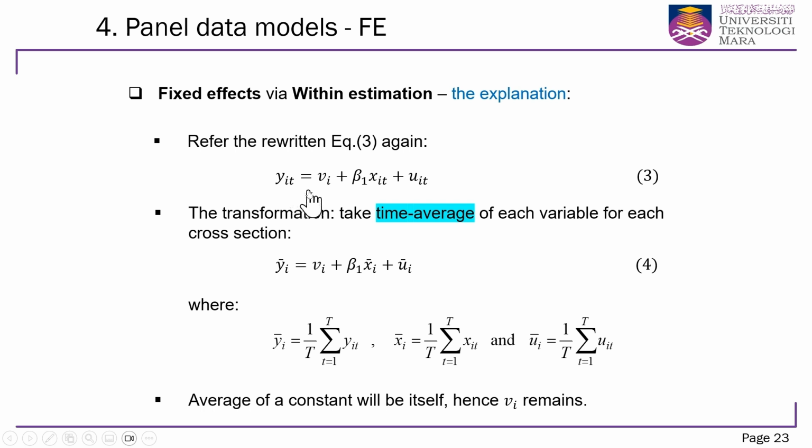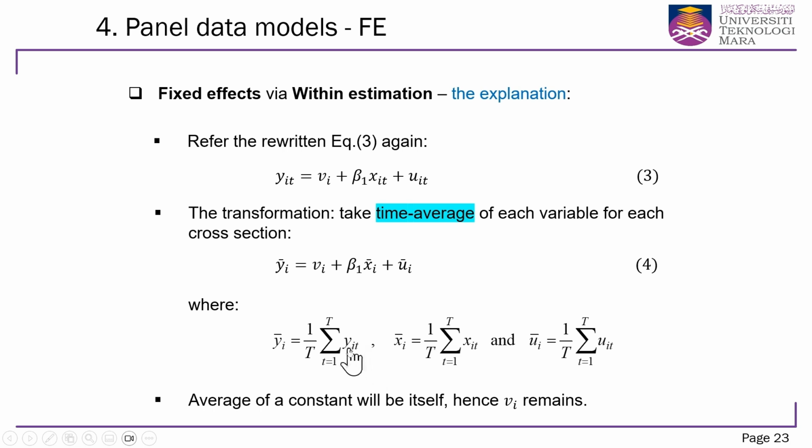Within estimation firstly transforms the original observation into a time average model by the notation of y bar equal to vi plus beta 1 x bar plus u bar. Remember, now there is no more t here because it is a time average value of the original observation. So it means that we take time average for all the variables in the model.